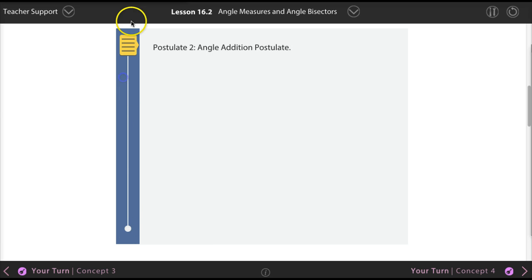Here's another thing that you've got to know. Angle addition postulate, very important. Angle addition postulate. You know what that means?